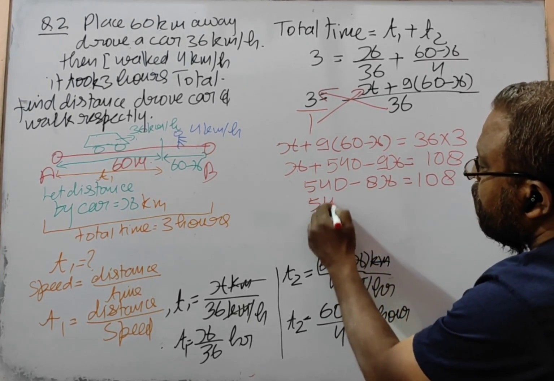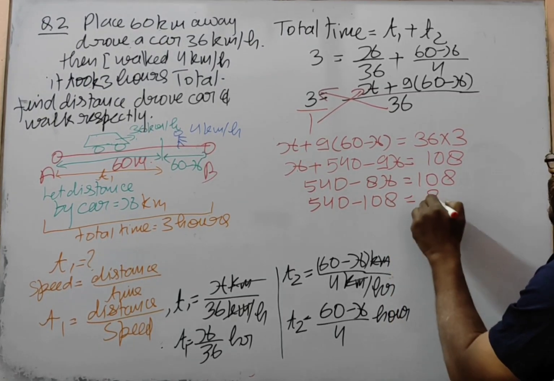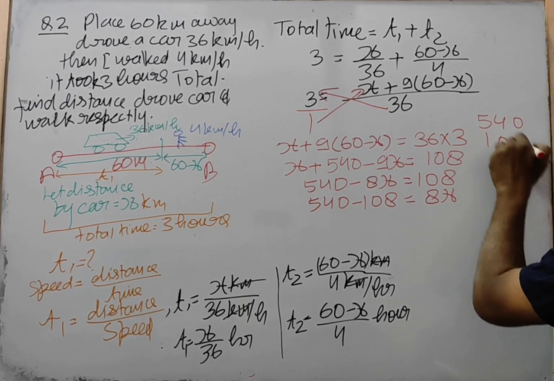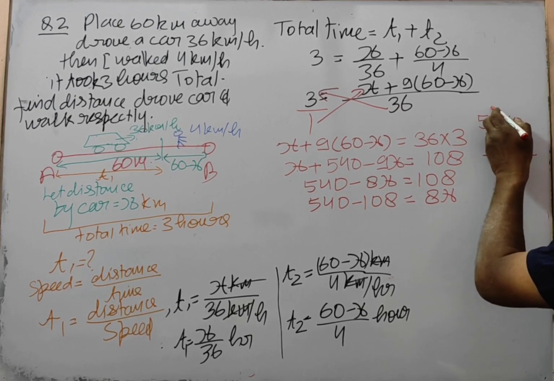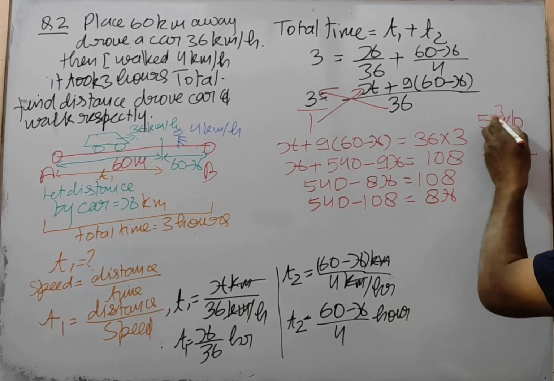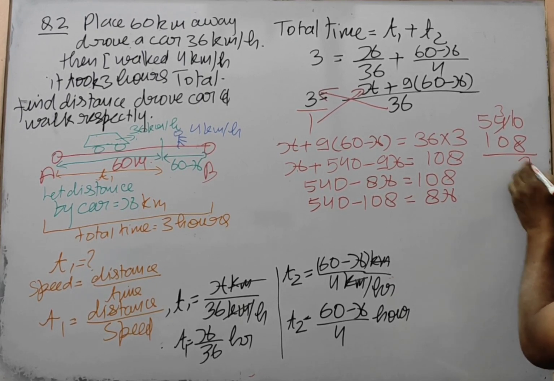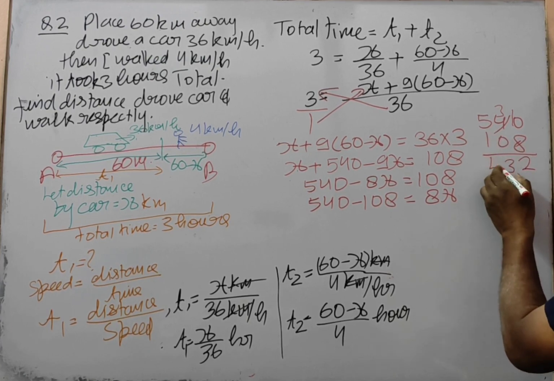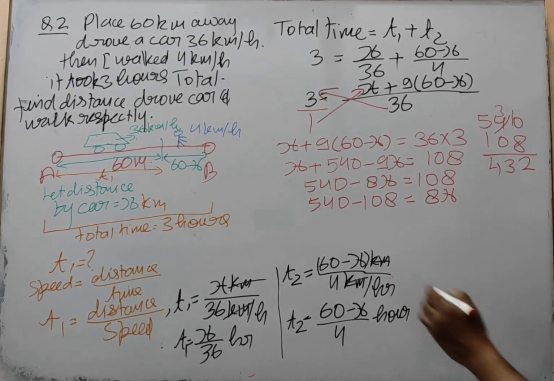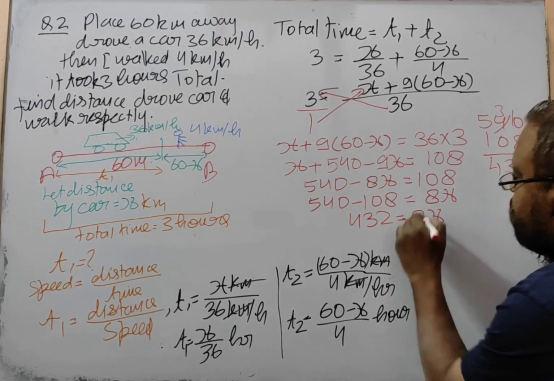So 540 minus 108 is equal to 8x, right? 540 minus 108: we borrow 1 from here, here is 3, so 10 minus 8 becomes 2, 3, 3, 432. So 432 is equal to 8x, right?